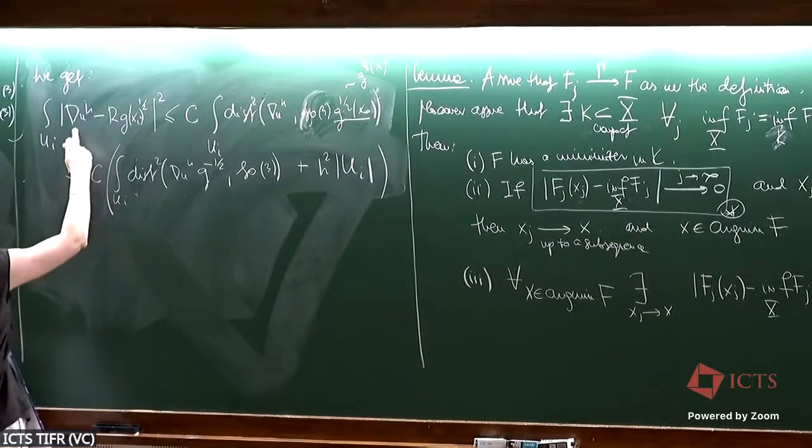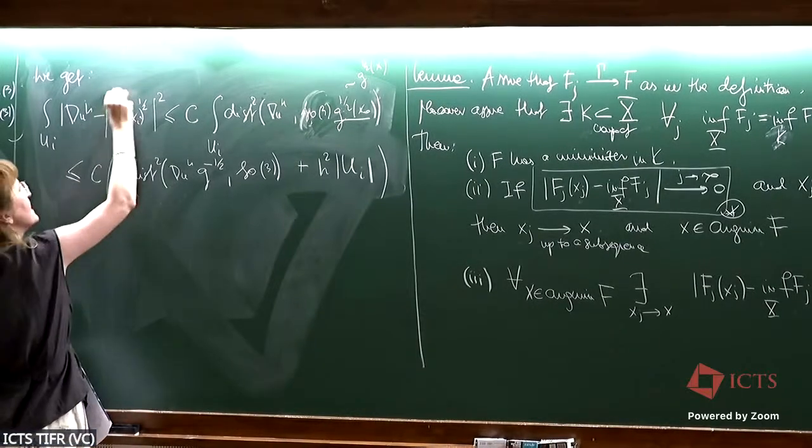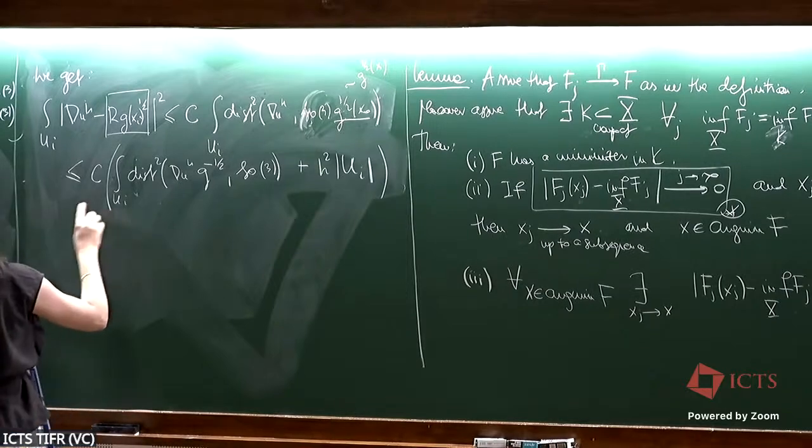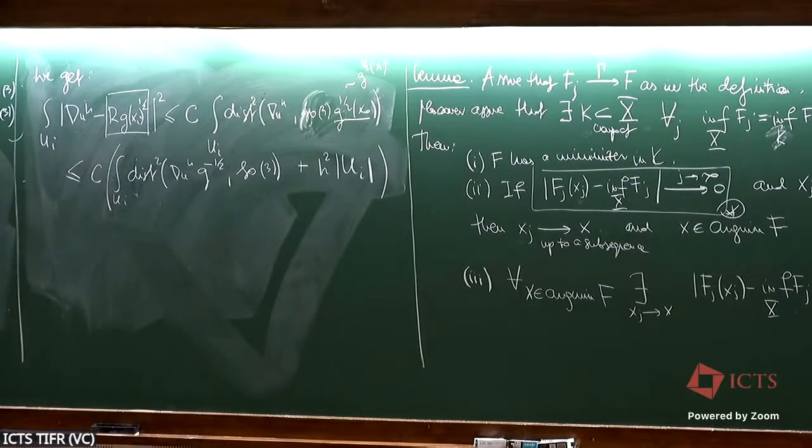So I am approximating the gradient of u^h by a constant matrix. For each ui I am approximating the gradient of u^h by a constant matrix with this error which directly comes from the energy. So now I want to approximate it not by a piecewise constant field, but by a field that's continuous or even more regular.